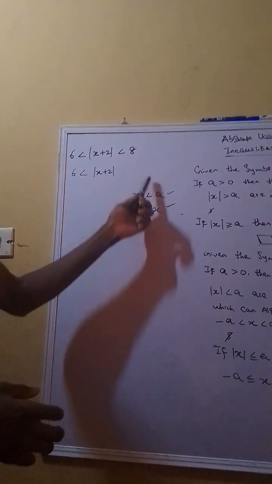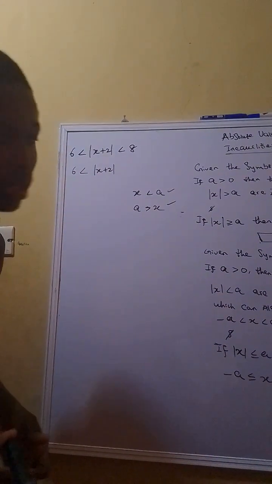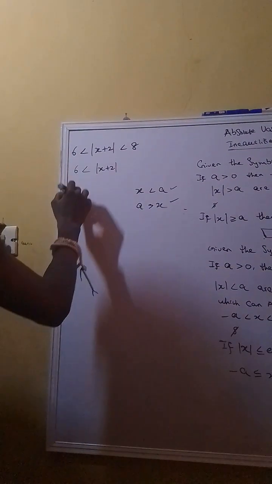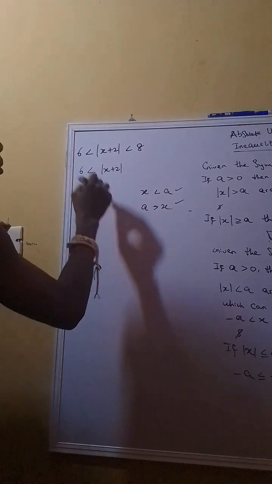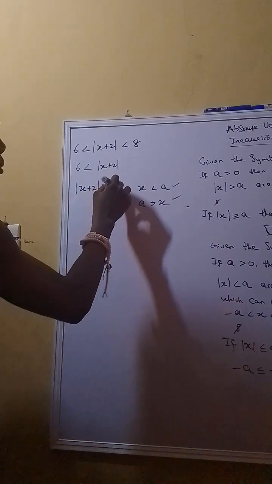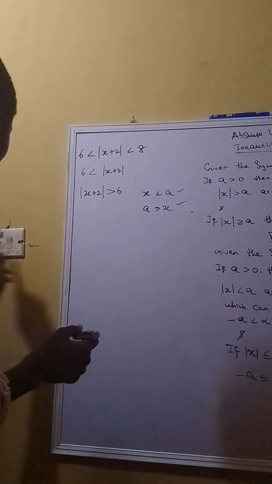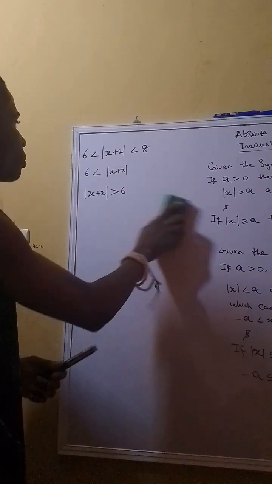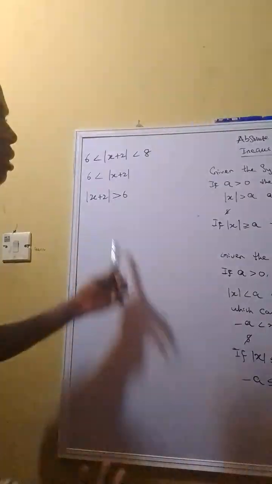Now since we know that this is a normal way to write this, then we can even say since 6 is less than this, you can adjust it as the absolute value of x plus 2 is greater than 6, and that is acceptable. And how do I know this?